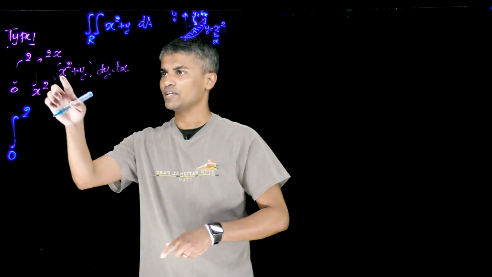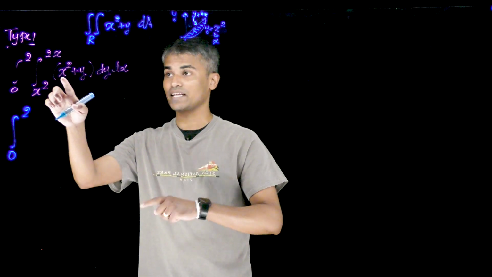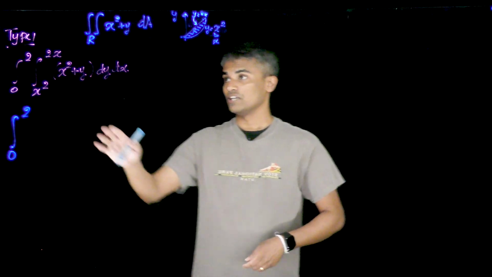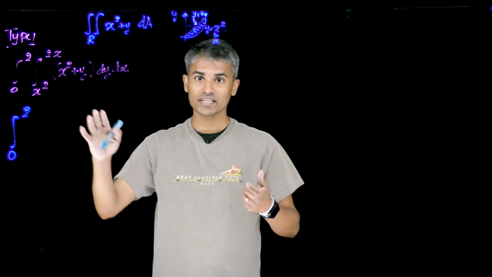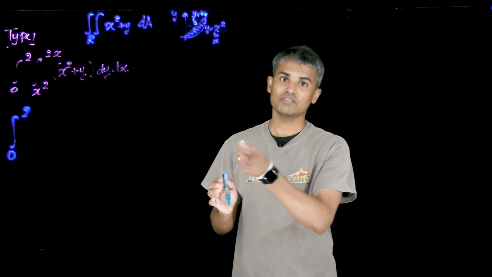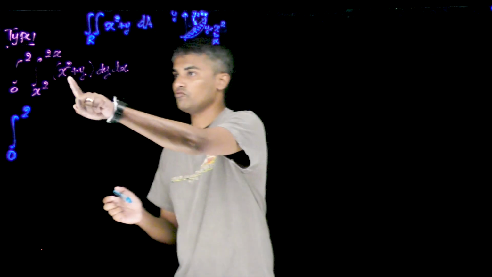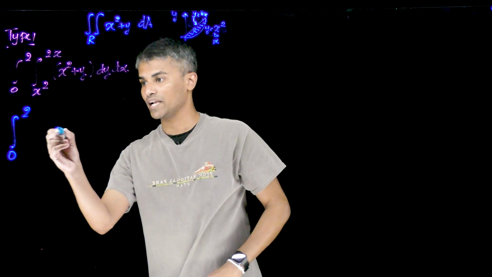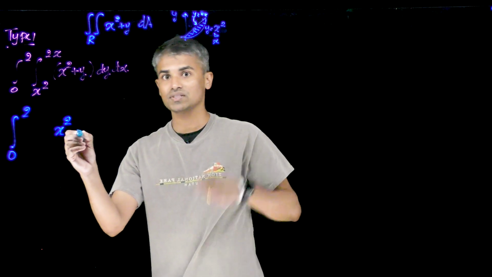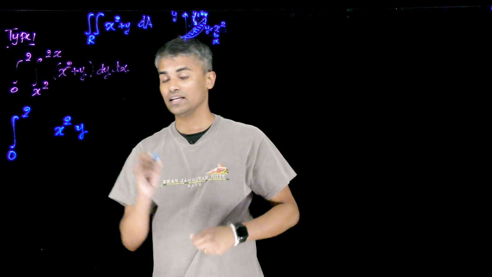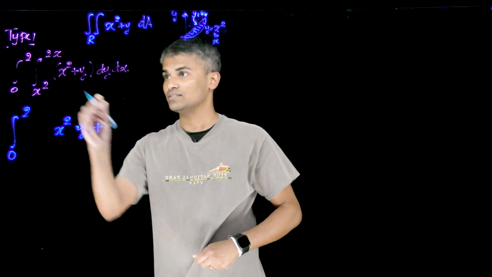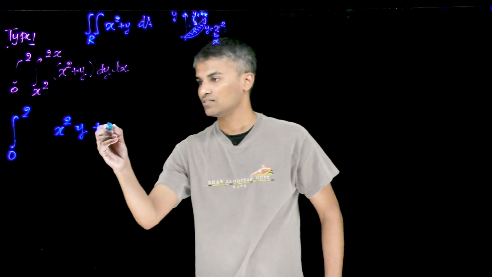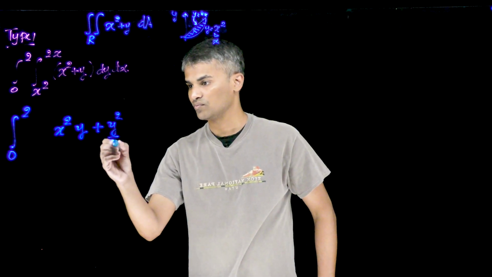Remember x is a constant, therefore x squared is also a constant. If you integrate a constant, you get that constant times the variable of integration. So if you integrate x squared with respect to y, you get x squared times y, plus the integral of y with respect to y, which is y squared over 2.